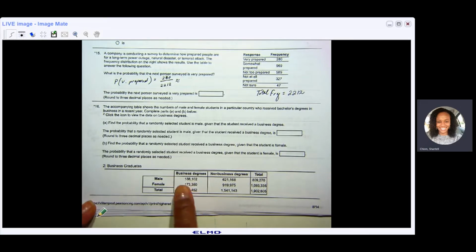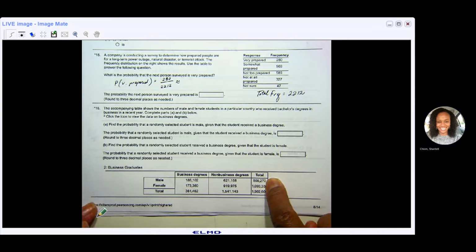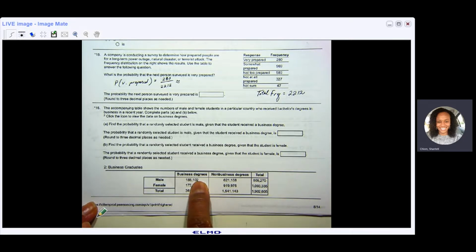So you've got the male total, all the males in this particular country, 809,270, and of them, the number that earn business degrees and the ones who earn non-business degrees. Same thing with females. You got the total females here, and then of the females, those that earn business degrees, those that did not. And then down here in the bottom right corner is just the total of people in general.